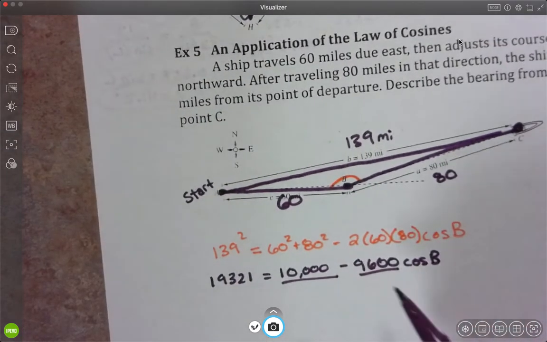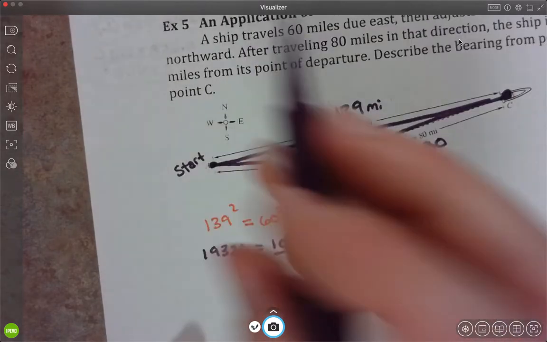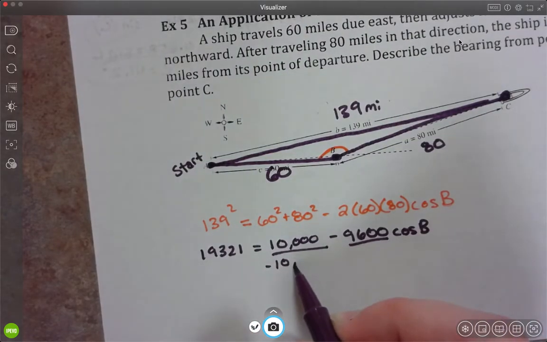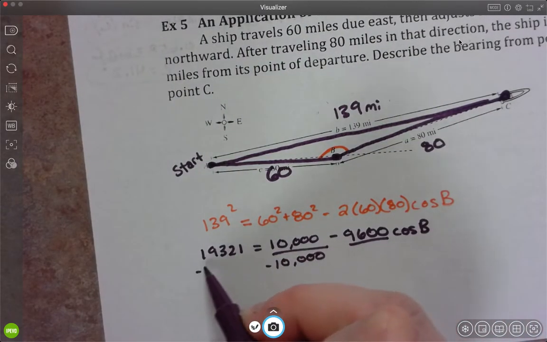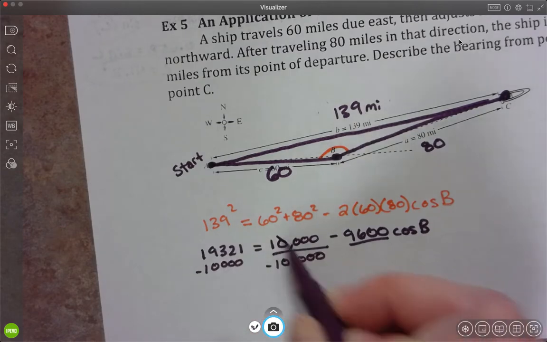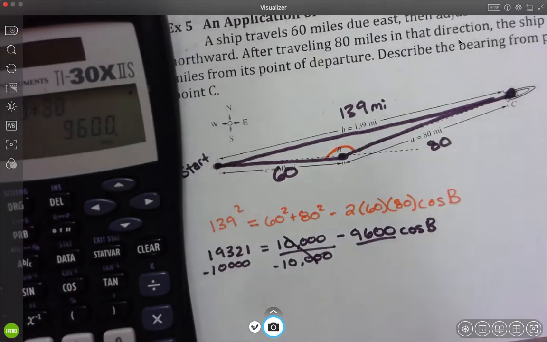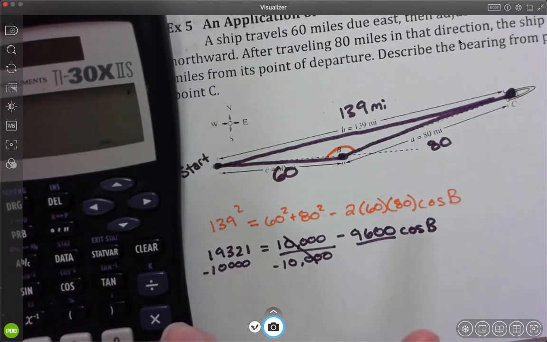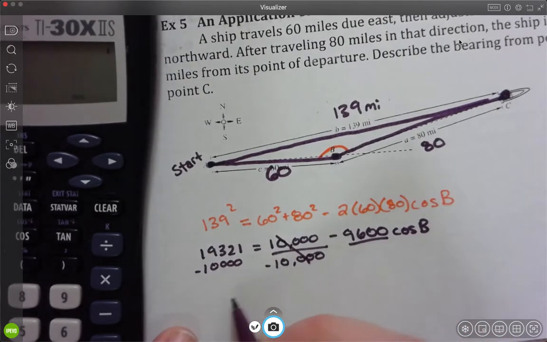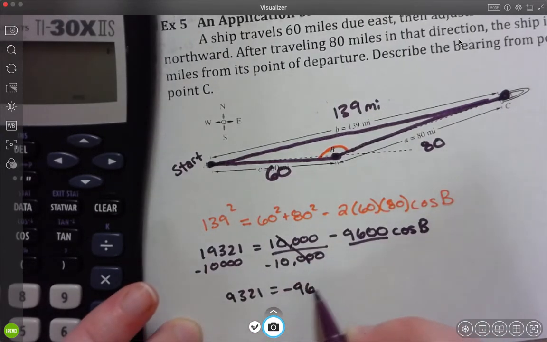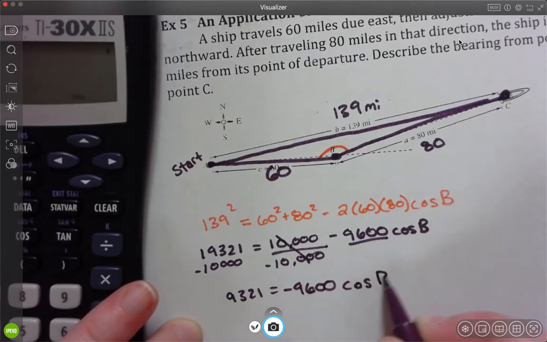That's attached to the cosine of B, so we've got to rearrange this. I'm going to subtract the 10,000 first. If I subtract 10,000, that'll be 9,321 equals negative 9,600 cosine of B.